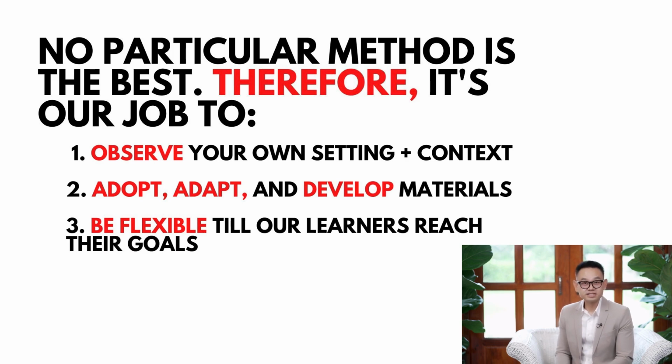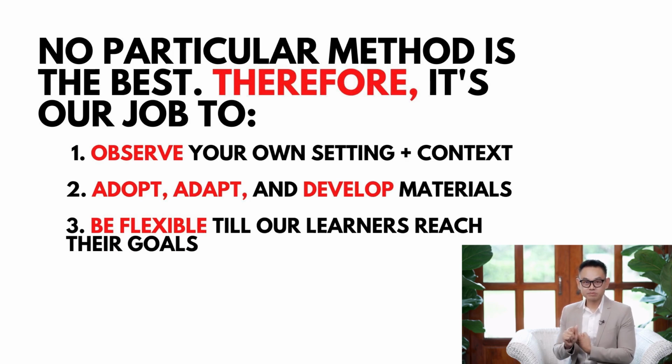Right. As you can see, no particular method is the best. Let me repeat it. No particular method is the best. Therefore, it's our job, your job, my job, as an English teacher, to observe. Number one is to observe your own setting and your context.